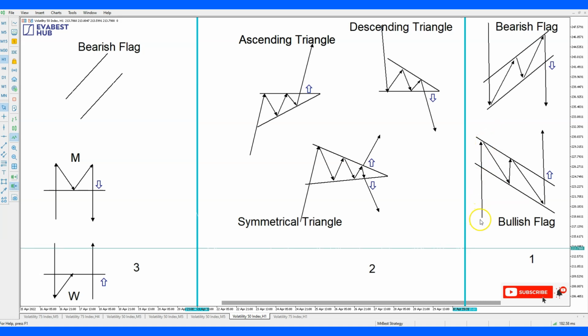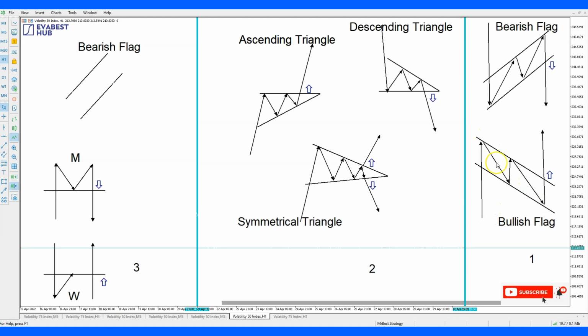So once you have a very nice impulsive move to the upside, immediately followed by a consolidation phase, you see the market start being choppy or start ranging in a very tight range to the downside. You can see that this range is tilted towards the downside, right?